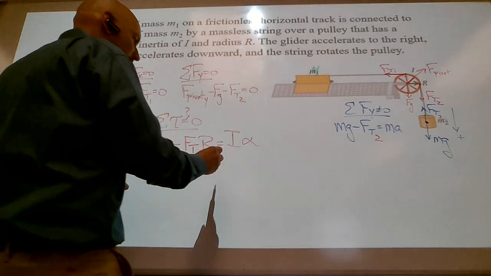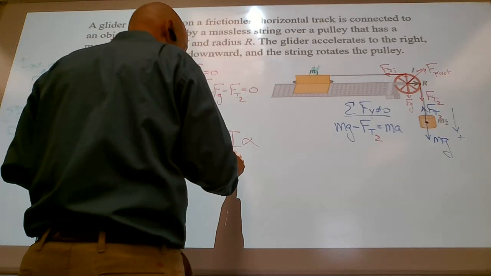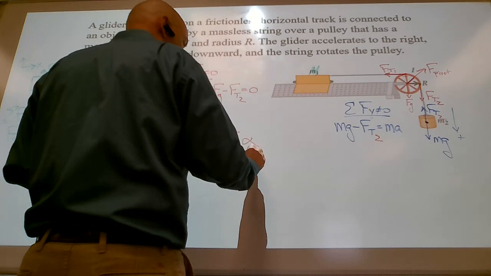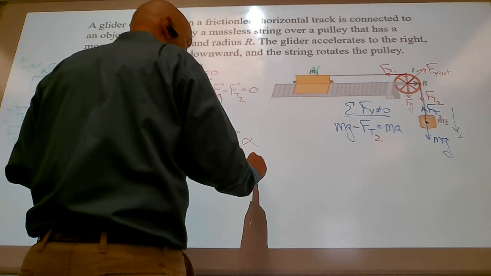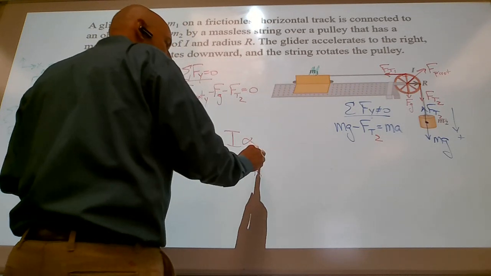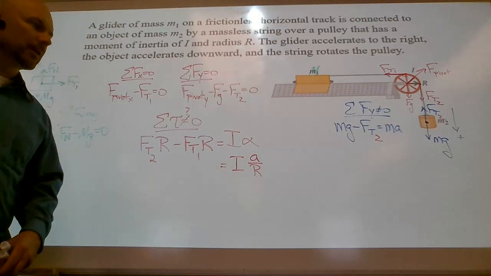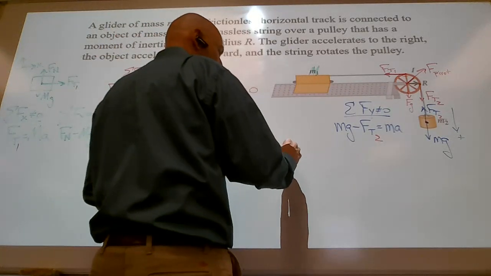And so we can say this is I times acceleration over the radius. So this is tangential acceleration from this equation.